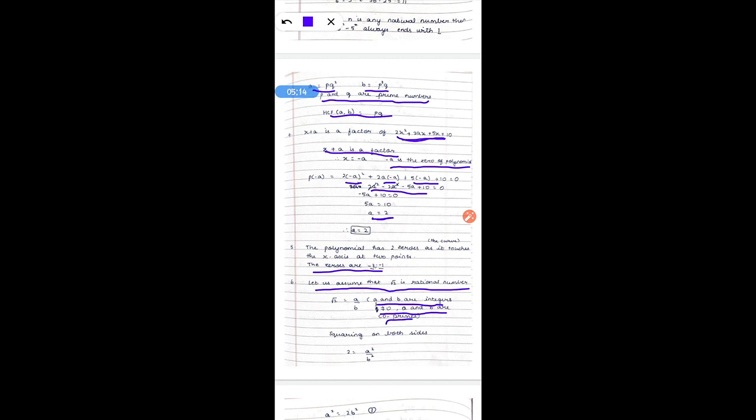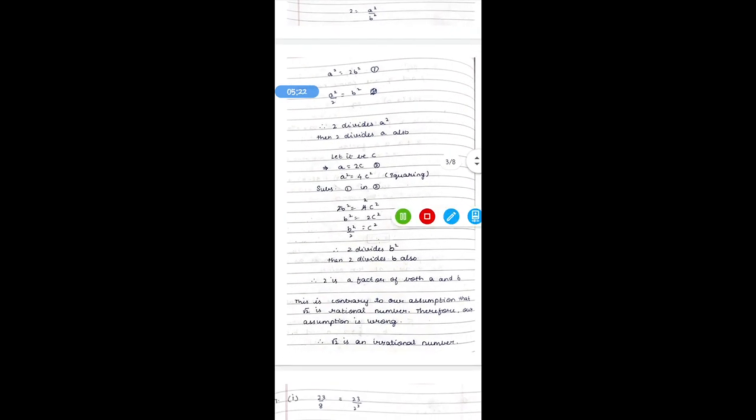Squaring both sides of root 2 equal to a by b, we get 2 equal to a square by b square. By taking b square to the other side, we get a square equal to 2b square. Let it be equation 1. By taking 2 to the other side, we get a square by 2 equal to b square.